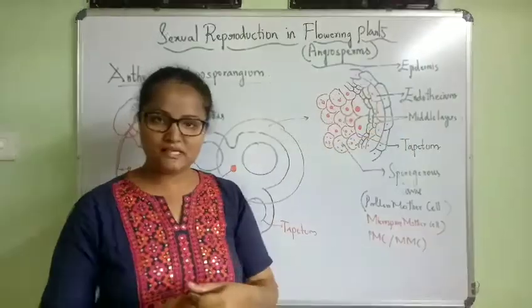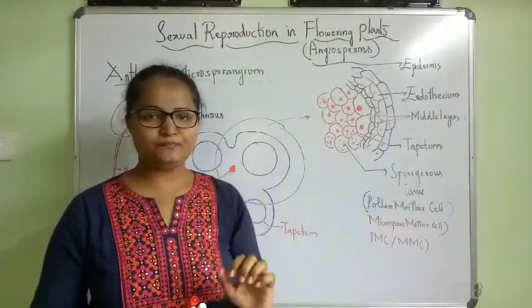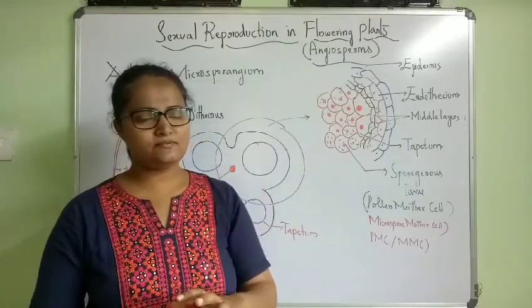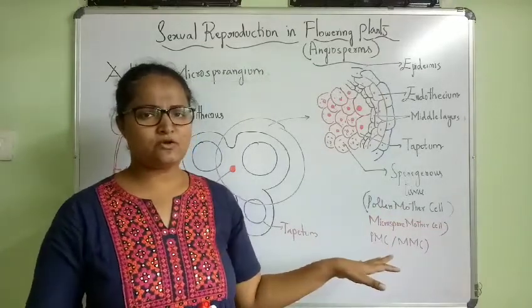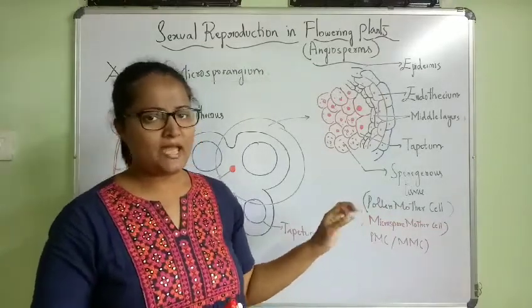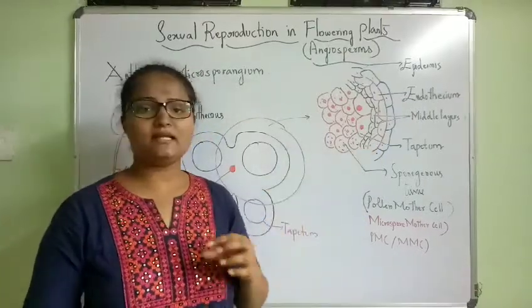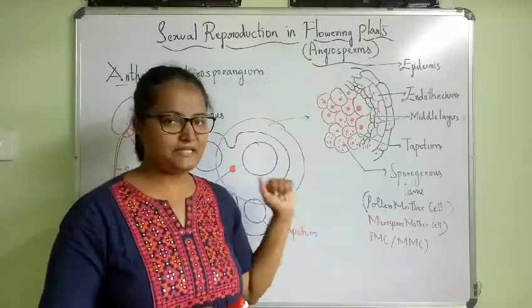Next, the middle layers. The middle layers' role is very short. Sometimes protection, and sometimes giving a little nourishment during the production of pollen grains. After the pollen grain production, this middle layer degenerates completely. That is the fate of our middle layer.